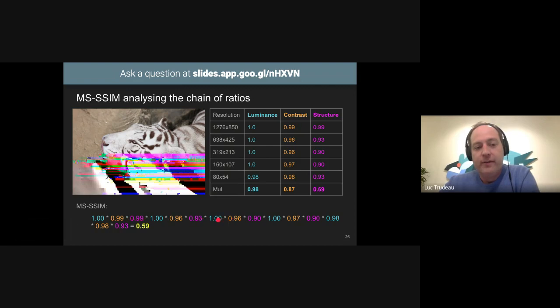From before, if you multiply them all together, you get your final SSIM score. That's how simple it is. And it's an interesting view also because you can see how luminance plays a role, contrast plays a role, and structure plays a role in the analysis of this image.